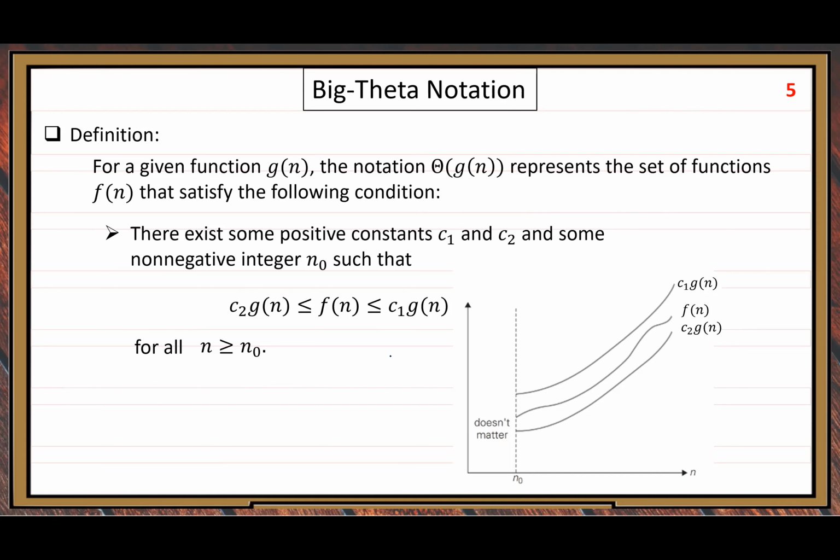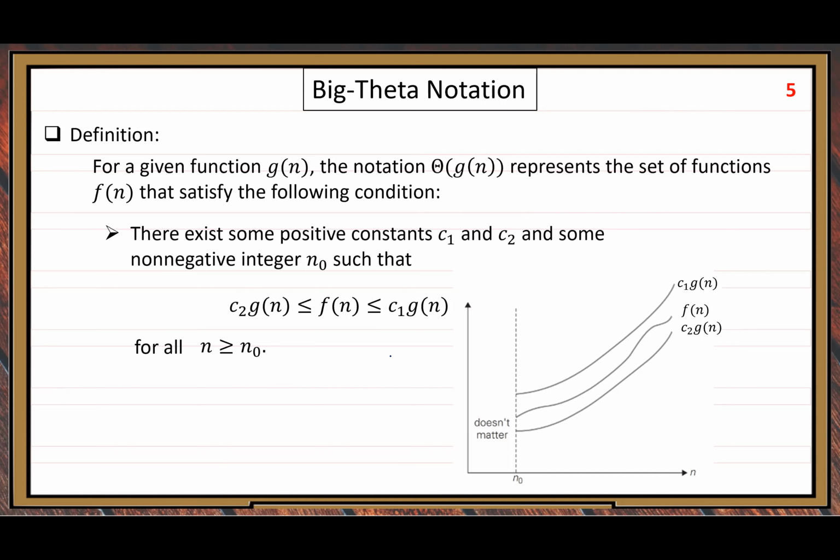Actually, some of the notations we may use more. These 2 asymptotic notations will be used the most: one is big O of g of n, another is big theta of g of n.